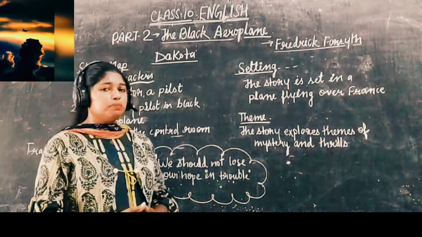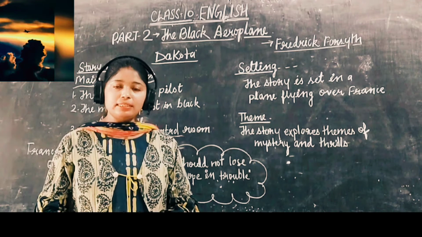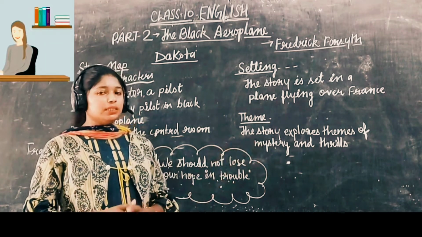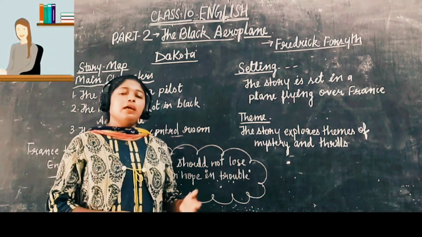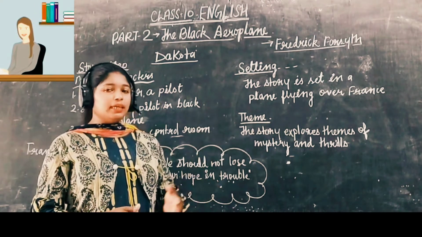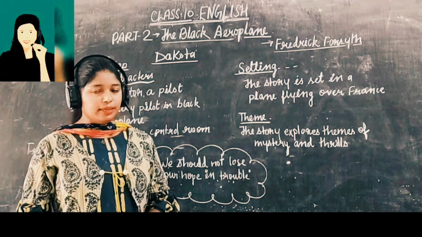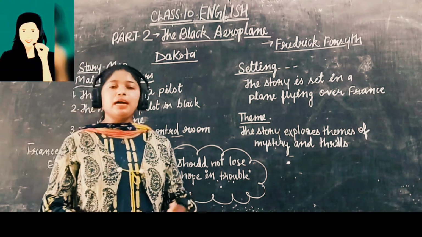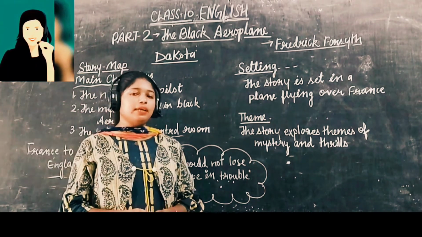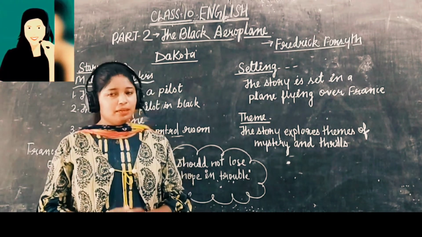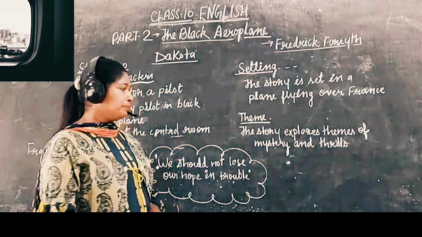And what about the mystery? When he was stuck in the storm, a pilot sitting in a black aeroplane reached there to help him, but after helping him, the pilot with the aeroplane disappeared. That was the mystery.